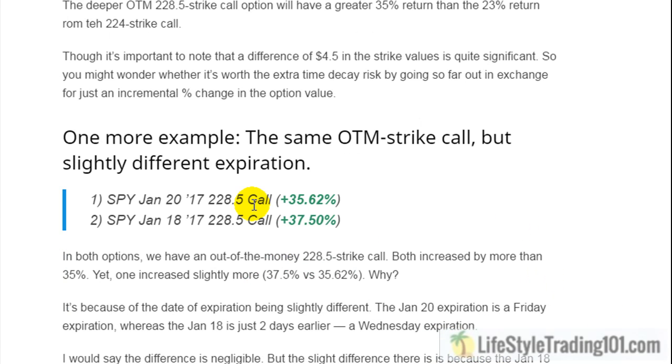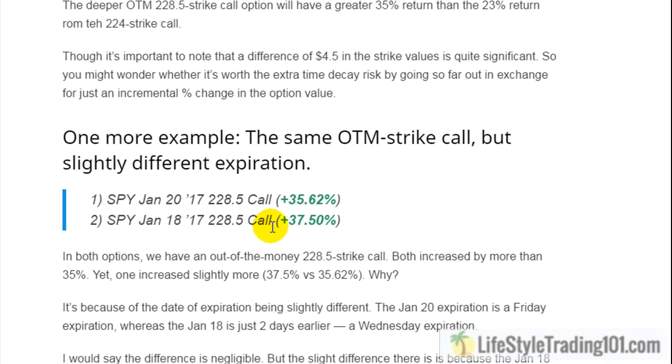And the third example is, we got the same strike. It's the same out-of-the-money call option, let's say 228.5. And the difference is one expires on a Friday and the other one expires on a Wednesday right before. It's a 2-day difference. Now, the difference in terms of percentages, one was 35.62%. That's the Friday expiration. And then the Wednesday expiration was a little bit more at 37.5%.